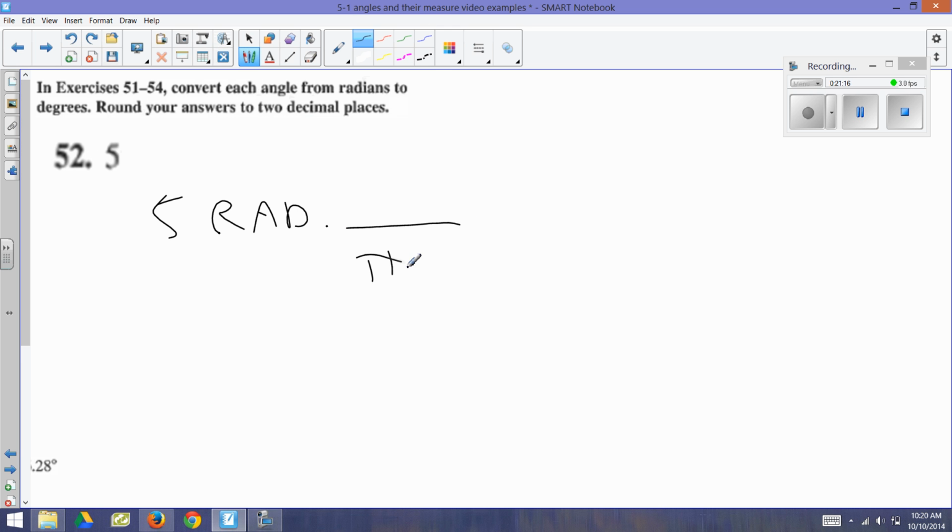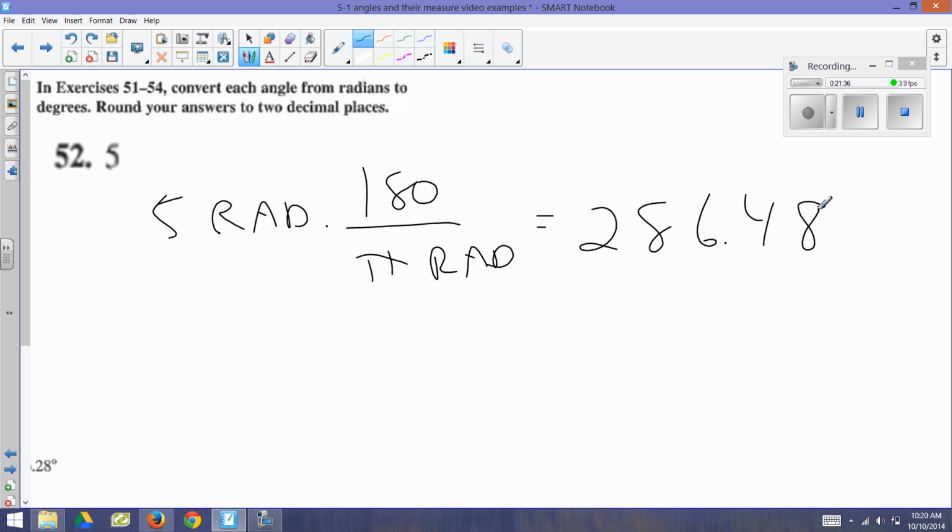Conversion: pi radians goes on the bottom, 180 goes on the top. So in your calculator, when you do 5 times 180 divided by pi, you should get 286.48 to 2 decimal places. And your unit is degrees.